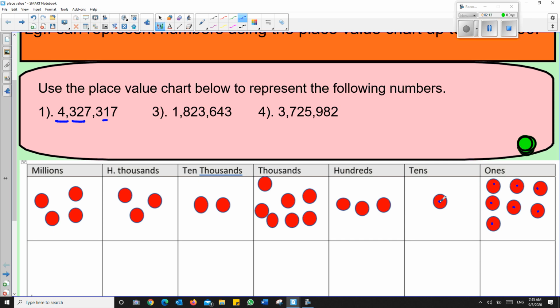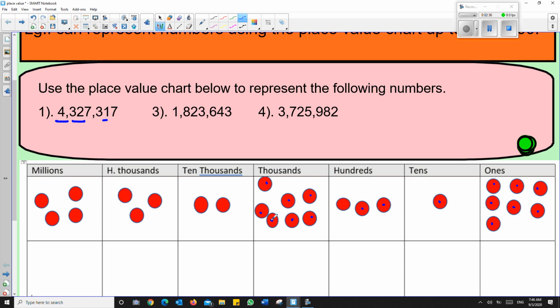In the hundreds column, it is digit 3, represented by 3 counters. And in the thousands column, it's digit 7, represented by 7 counters.